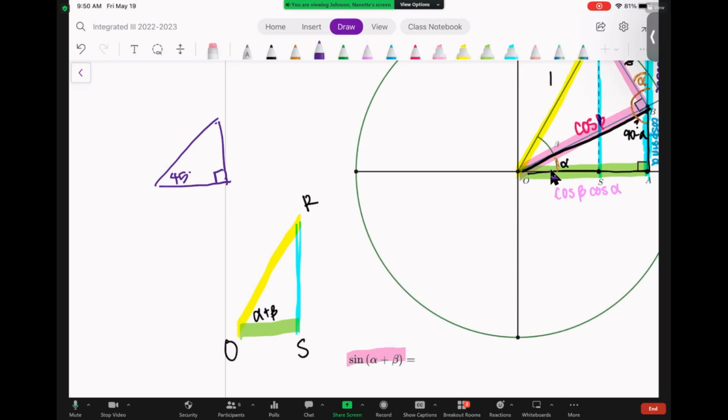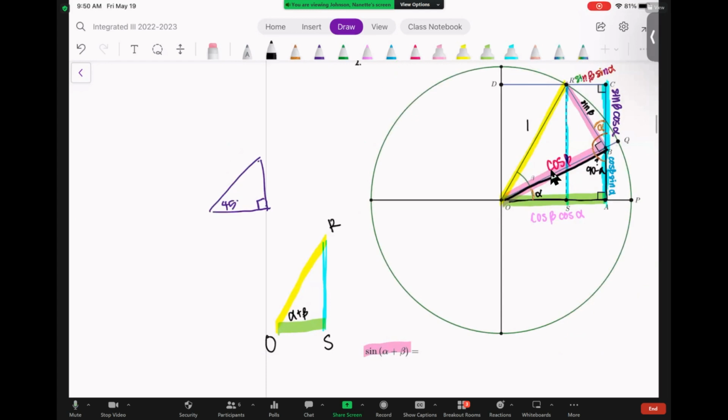Okay, so I'm actually looking for sine of alpha plus beta. I know that the hypotenuse is 1, and I'm looking for this guy right here, right? And so if you look, he is made up of these two right here: sine beta cosine alpha plus cosine beta sine alpha.